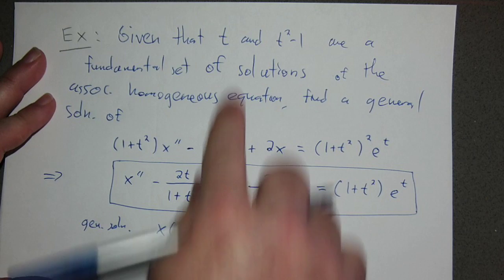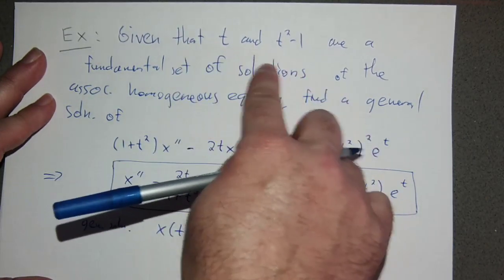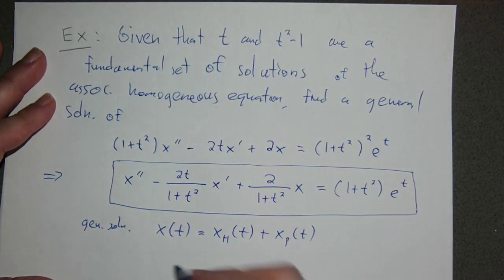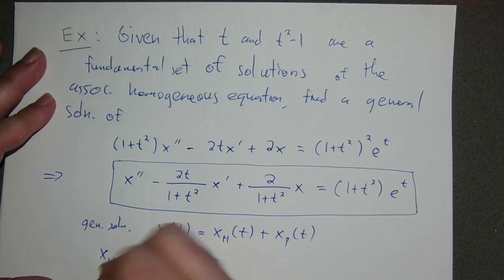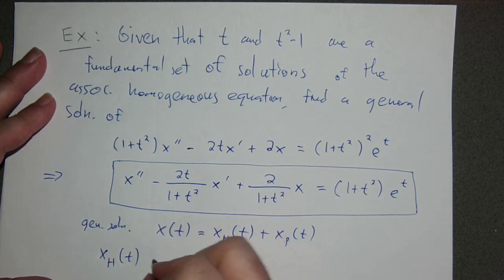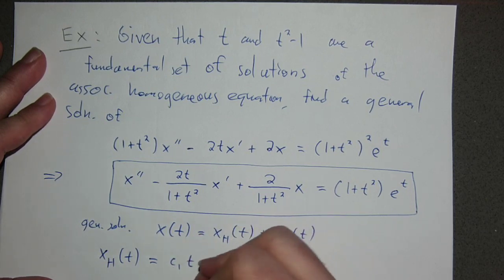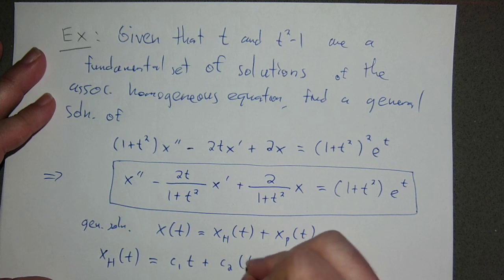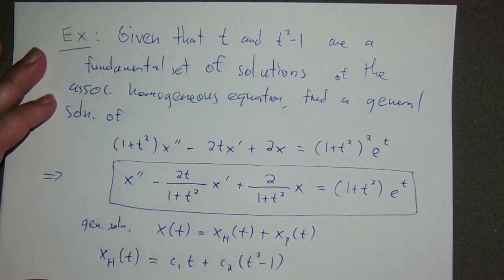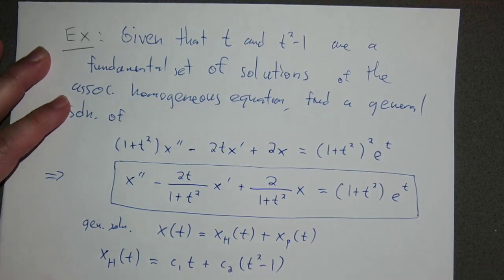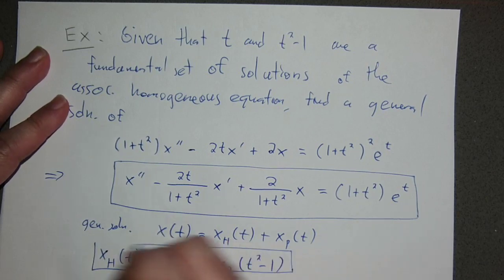Now because I'm given that these two are a fundamental set of solutions, I know that the homogeneous solution is c sub 1 t plus c sub 2 times t squared minus 1. That's my homogeneous solution.